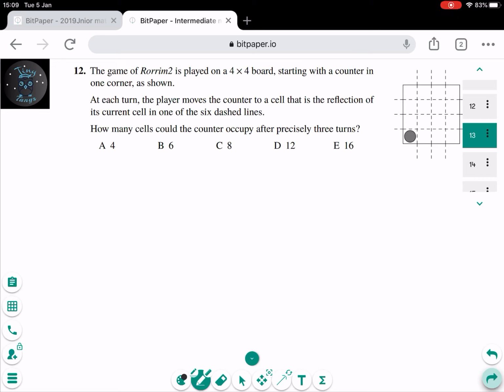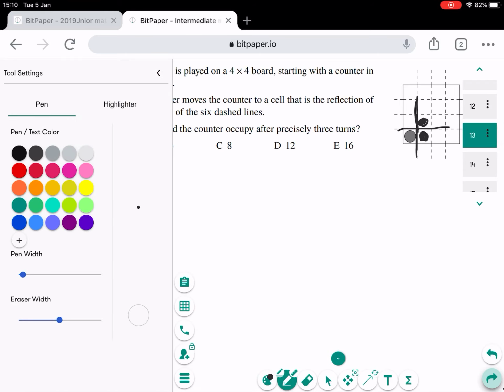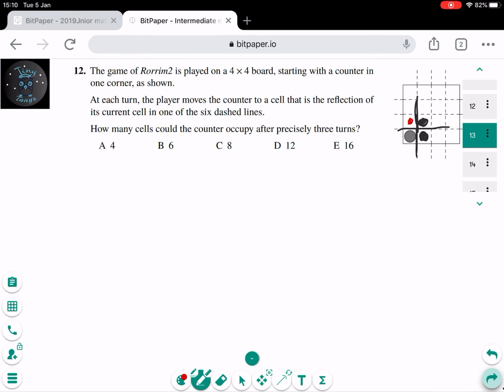What we do here is reflect this into any grid. Let's try doing it here first. So that's black. That's the first move, and that's the second move, through that line, and let's say the third move is still this line. So it becomes here. Let me mark the finishings in red.